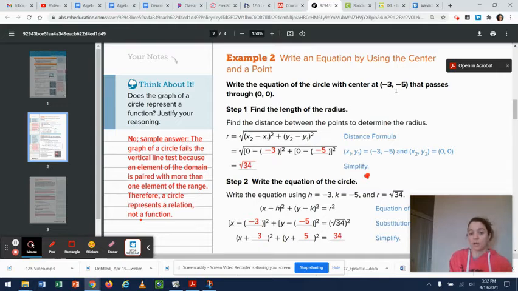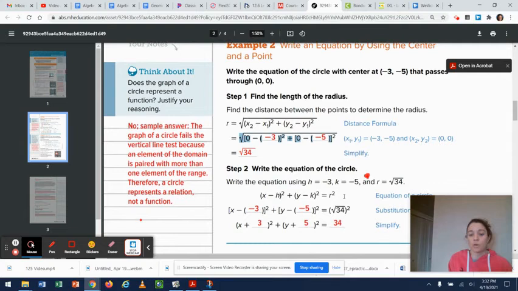So I'm going to do 0 minus -3, subtracting my x's, square that, and then add to that the difference of my y's. When I simplify, I can just type all of that into my calculator and I would get the square root of 34. Now, I would leave that as the square root for now. So I would just type in this portion under the square root, so that when you square it, it will become a nice whole number. Otherwise you're going to be a little bit off on your equations.